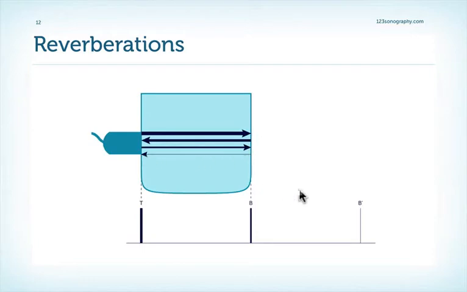The result is a second impulse. And since it takes much longer for this second ray to come back to the transducer, this second impulse is projected further away from the actual boundary. Usually twice the distance, because it is reflected twice. This is reverberation.